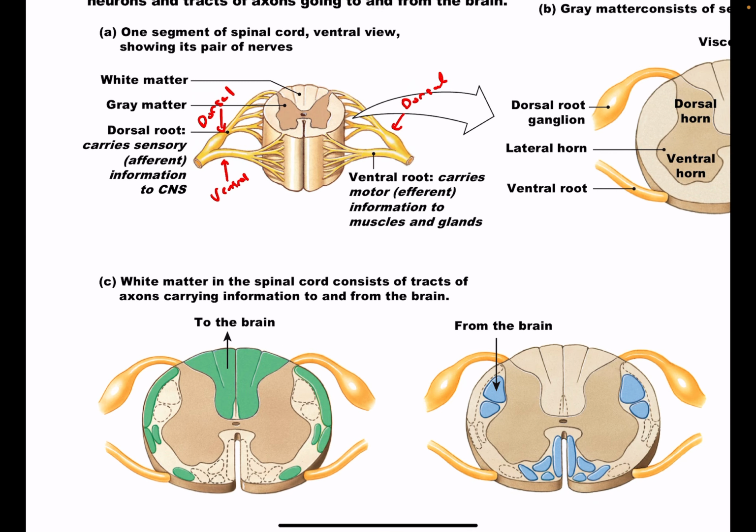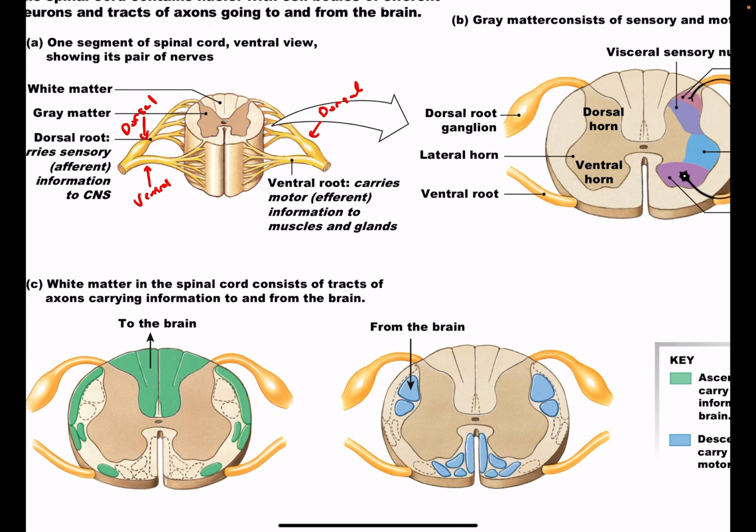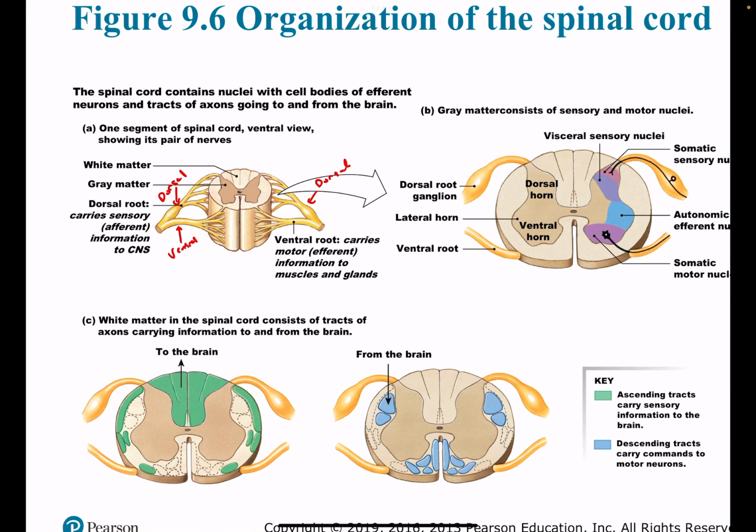There are also, we're seeing in this slide, the gray matter, which is more inside. But then we have all these funny colors all around. These aren't separate colors. They are clusters of tracts of neurons. Remember, tracts of neurons are clusters of axons. And each one of these different colors is going to carry different information.